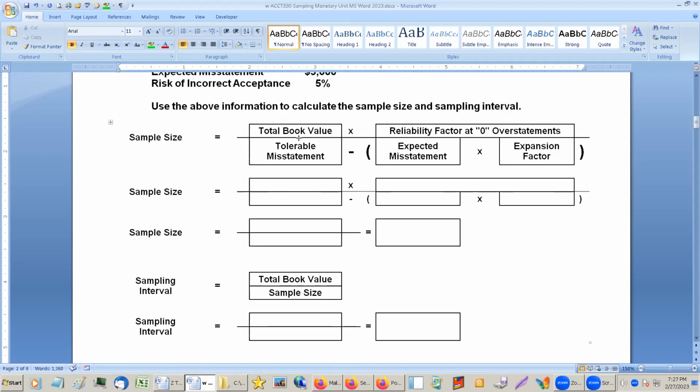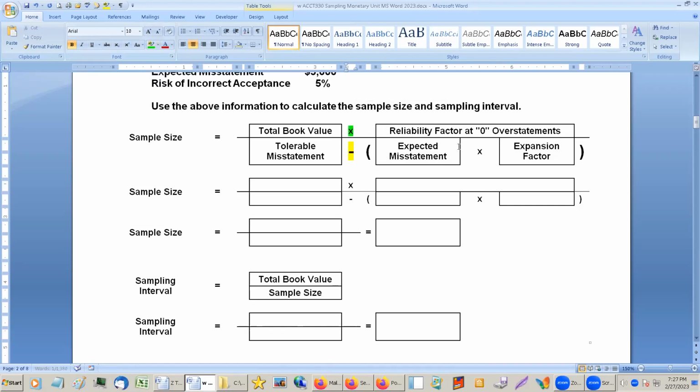And here's the formula. We have book value times reliability factor divided by the total misstatement minus, there's a minus here. So this one is times, this is minus.